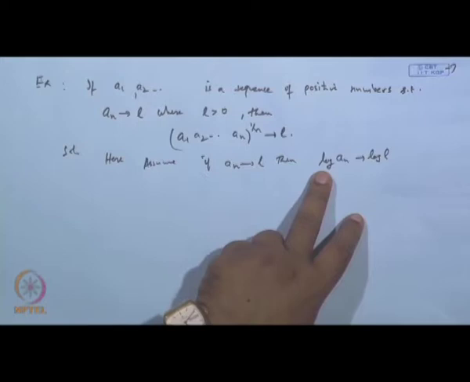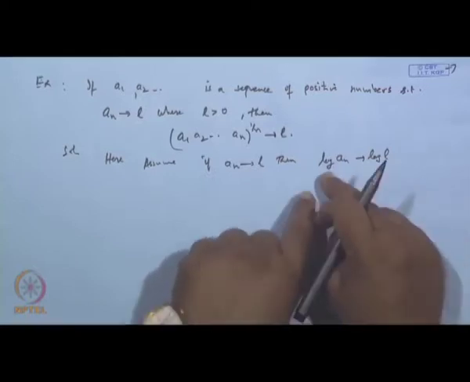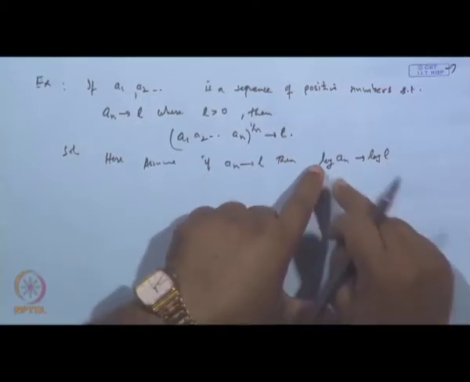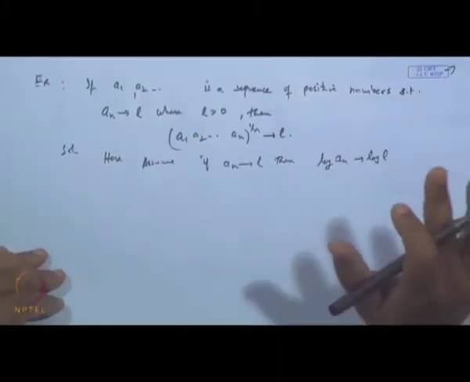A continuous function has the property that it transfers a convergent sequence to a convergent sequence. Since we have not covered continuous functions so far, let us assume that when a n goes to L, then the logarithm of a n will go to log L.